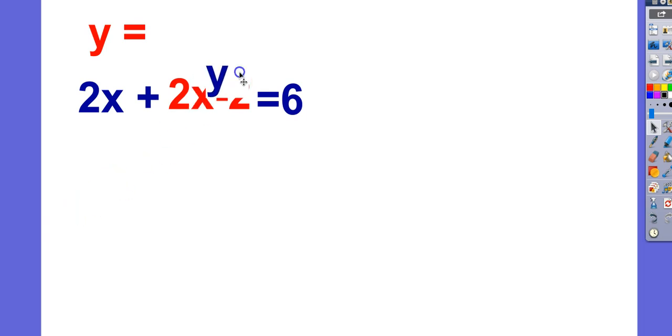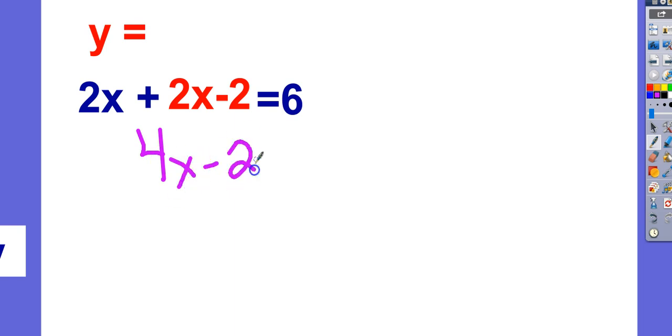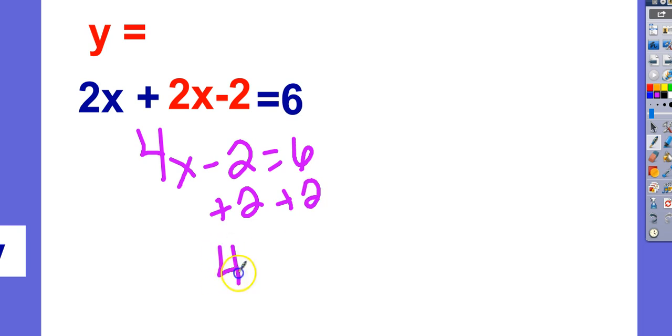I took this y out and put in what it was. Now you can combine like terms and solve it like a normal equation. And what you're going to get is 4x minus 2 equals 6. Add 2 to both sides. 4x equals 8. And so x is equal to 2.